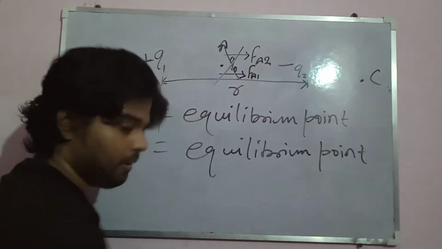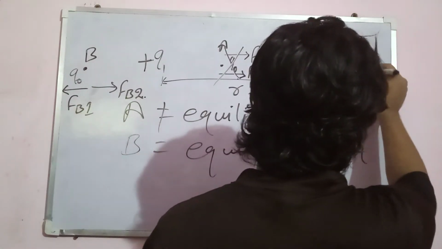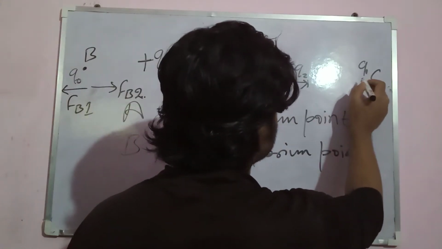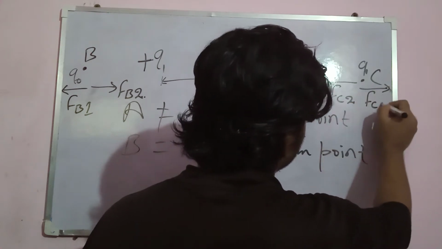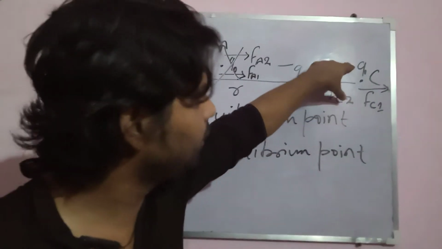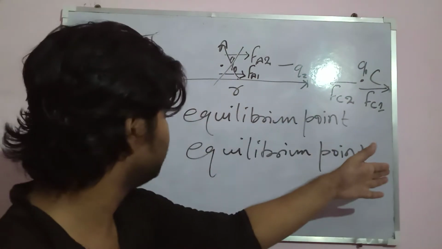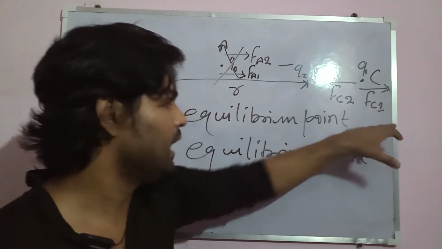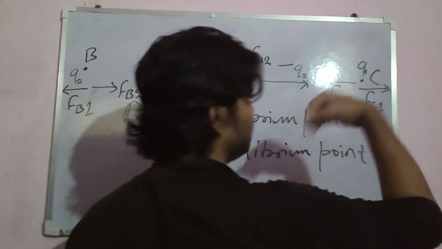Let's check C. If I put the same test charge Q0 at C, what do we notice? The force by Q1 on the charge at point C, that is FC1, will be repulsive because both are positive, so the force is directed away.